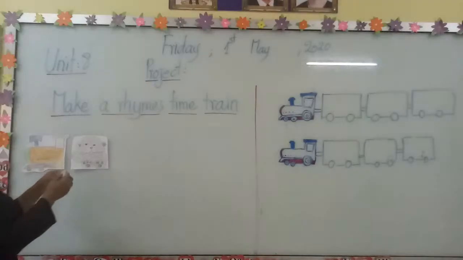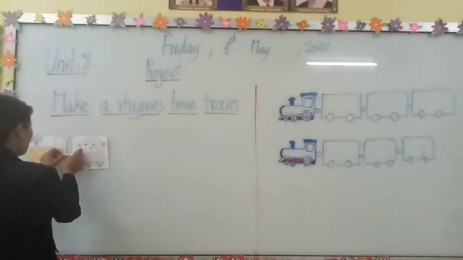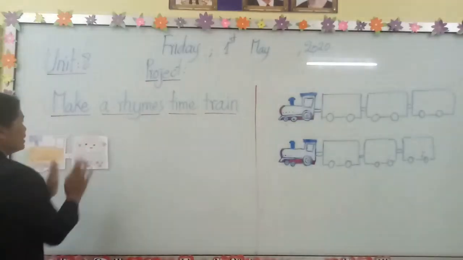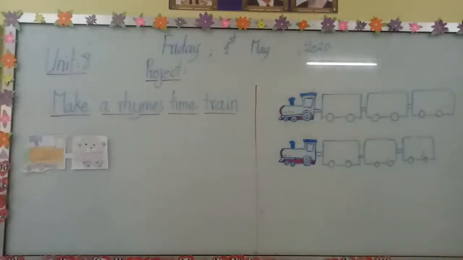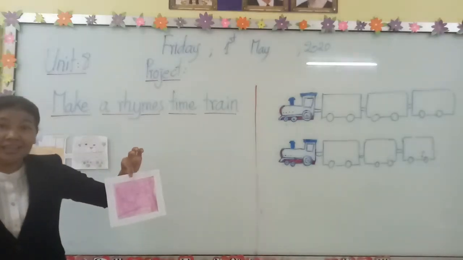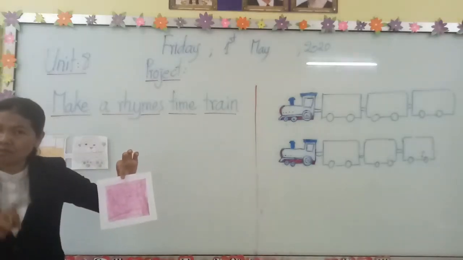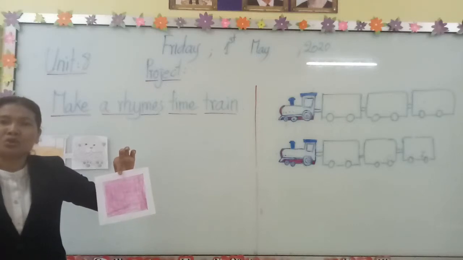You can connect it like this, here, to the train. Okay, bear, what's that? Can you guess? Teacher has bear and what is it? Yeah, square. It's the same sound, you know? Bear, square.